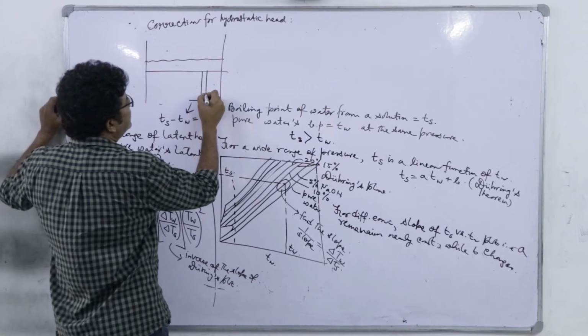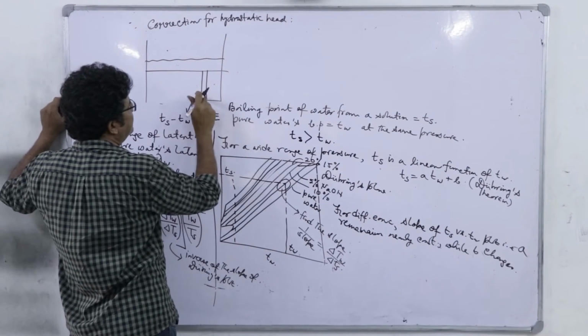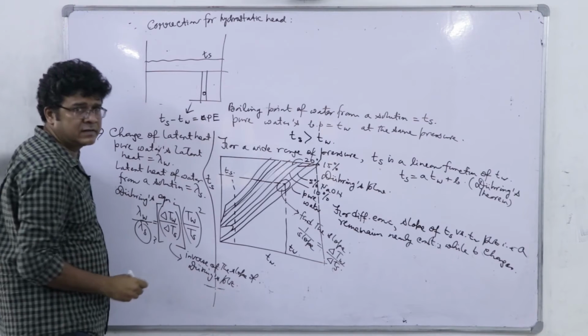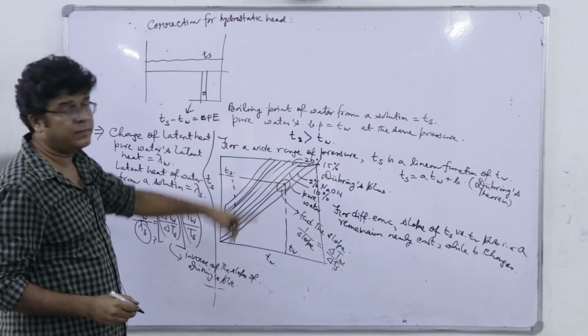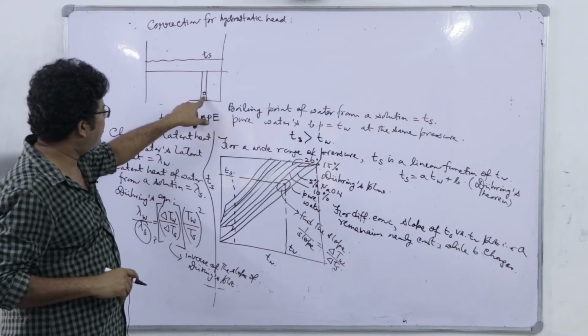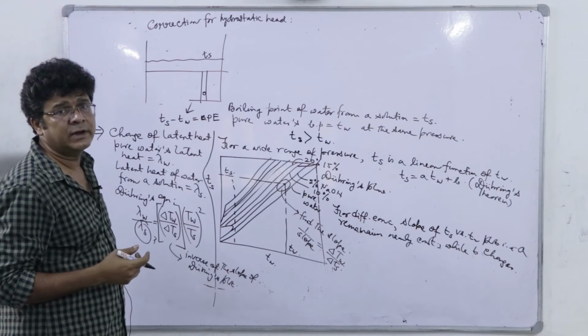Now vaporization takes place somewhere here. At this point the boiling point is Ts, right, what we have calculated from Duhring's plot. Now here what will be the boiling point?